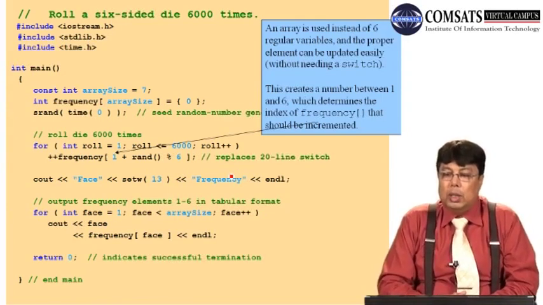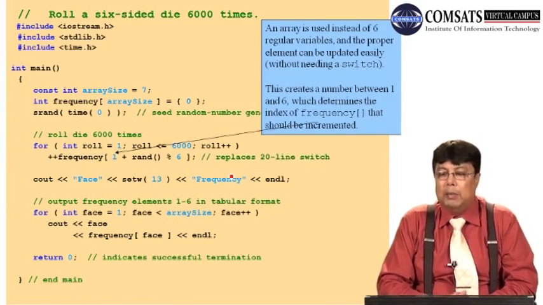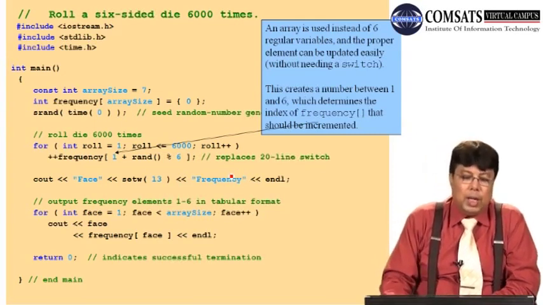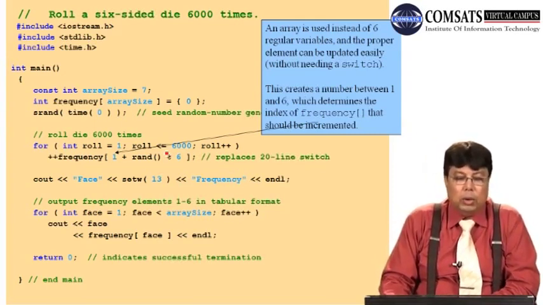An array is used instead of 6 regular variables, and the proper element can be updated easily without needing a switch. What we have done here, we have rolled the dice 6,000 times, and this is the for loop that is doing that.